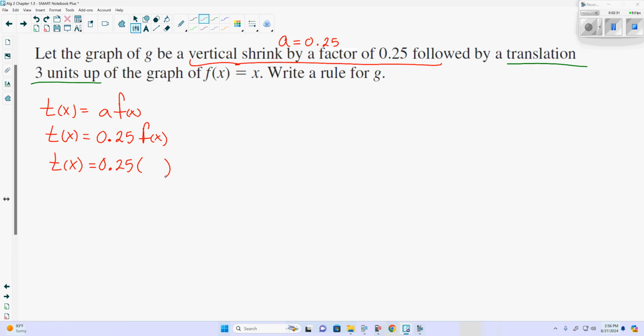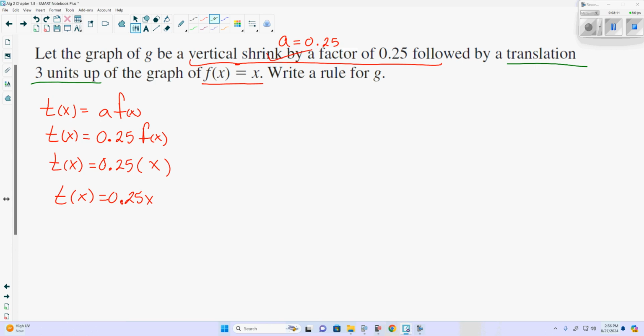And what is f of x equal to? f of x is equal to x. Because our 3 units up is our next transformation, what we're going to do next. Almost. We do have to multiply the 0.25 in x. So 0.25x. And that's our first transformation. We have the vertical shrink by a factor of 0.25. Done.